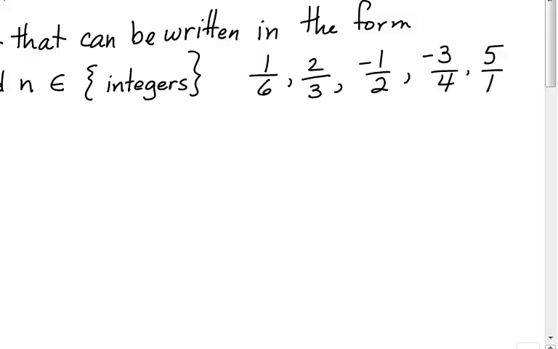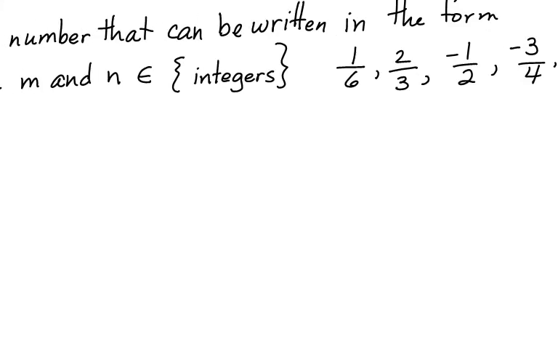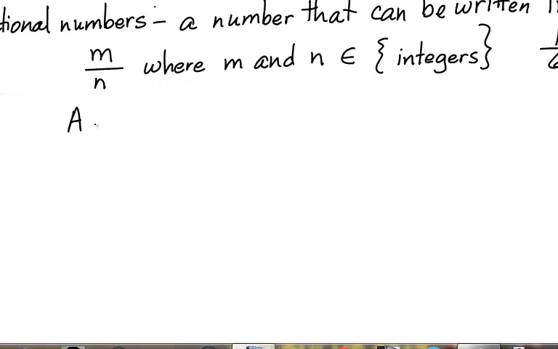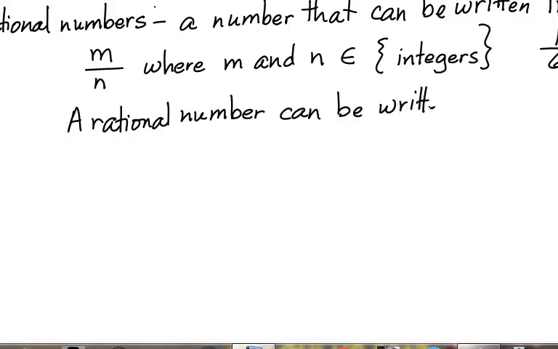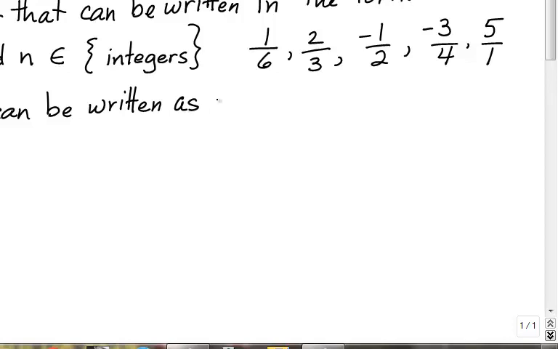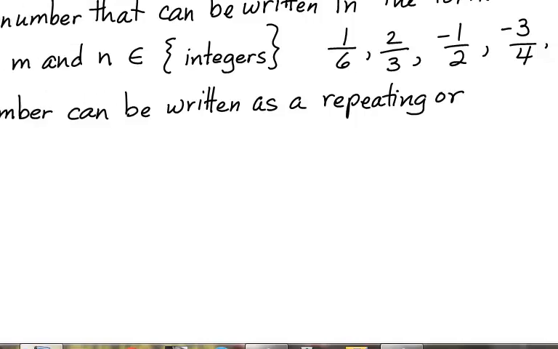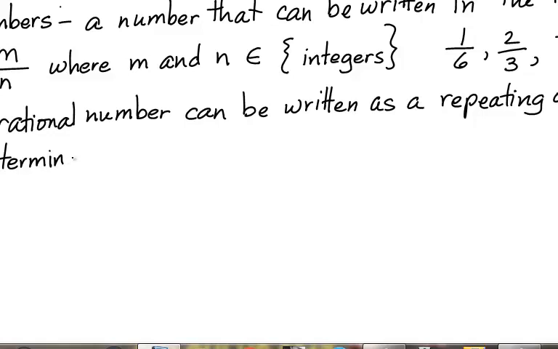Also, you need to know about the decimal form. A rational number can be written as a repeating or terminating decimal.